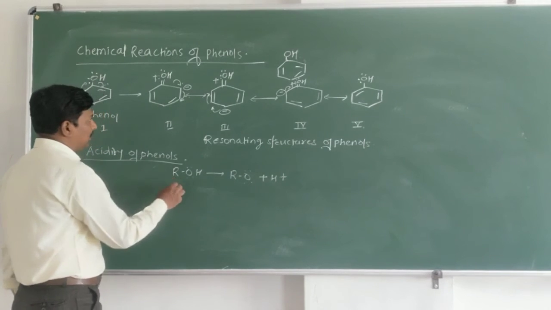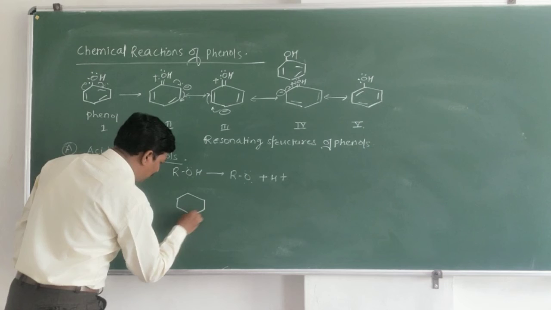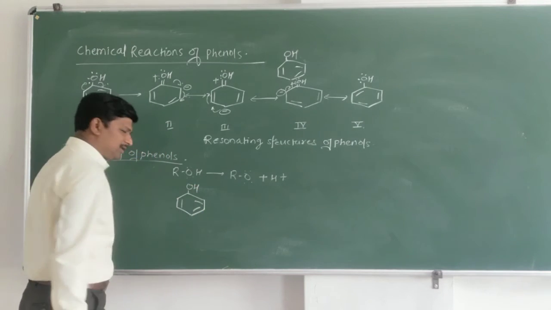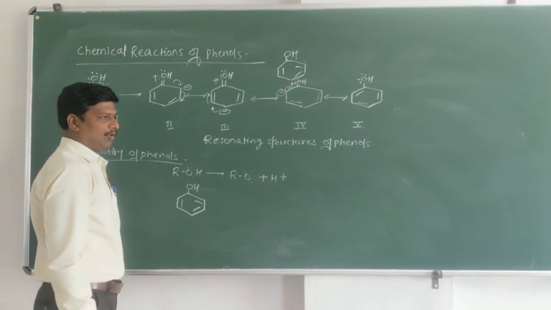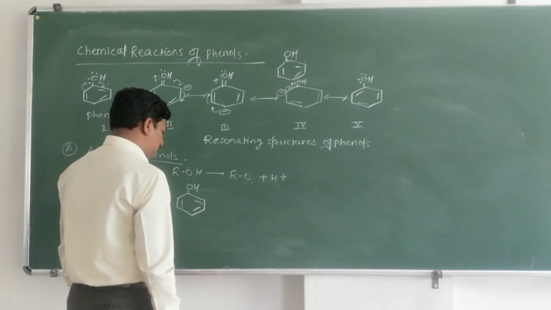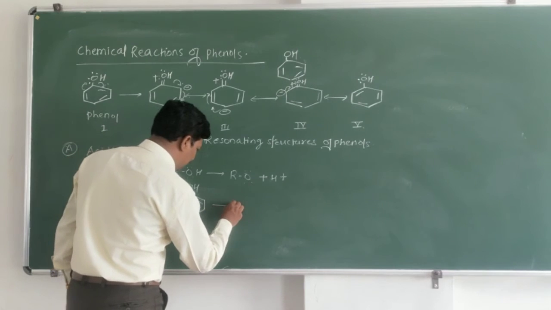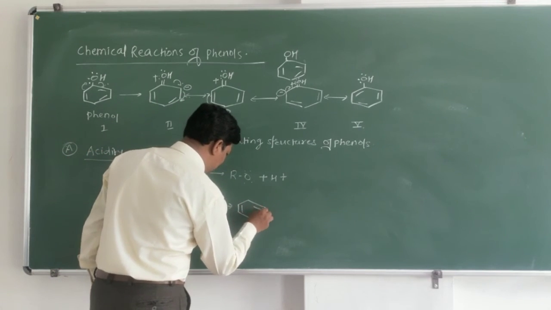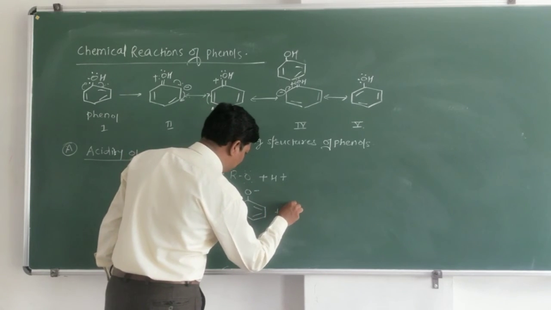Now like that, phenols are also acidic in nature. When phenol reacts with alkali metals like sodium metal, potassium metal, or aluminum metal, or a strong base like NaOH, it dissociates into phenoxide ions, which are formed with evolution of H plus ions.